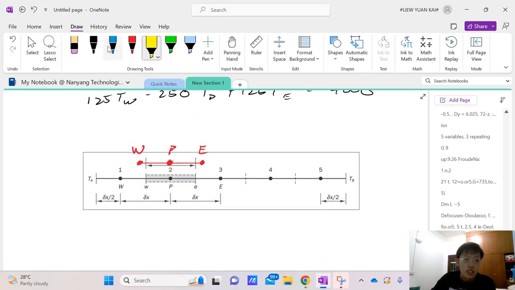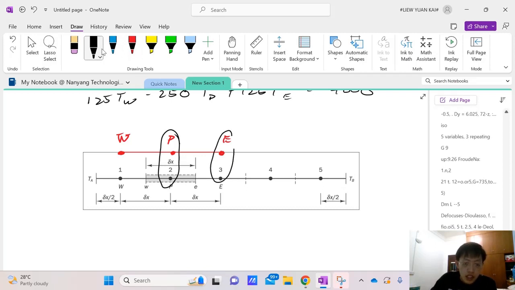If I put the template over 2, that means P becomes point 0.2, big E becomes point 0.3, and big W is point 0.1.